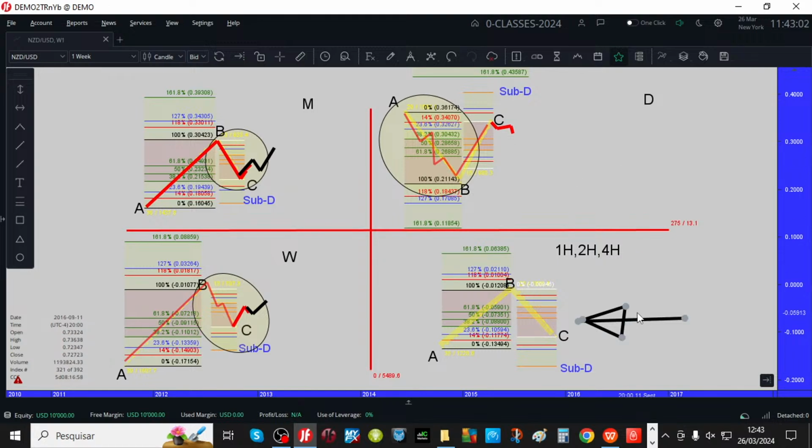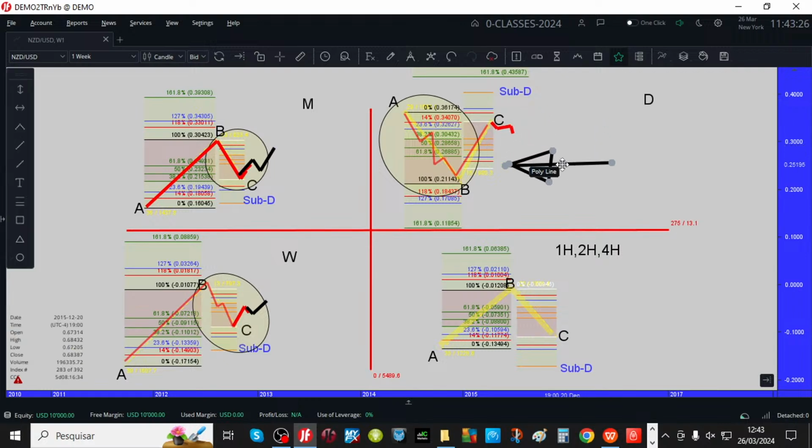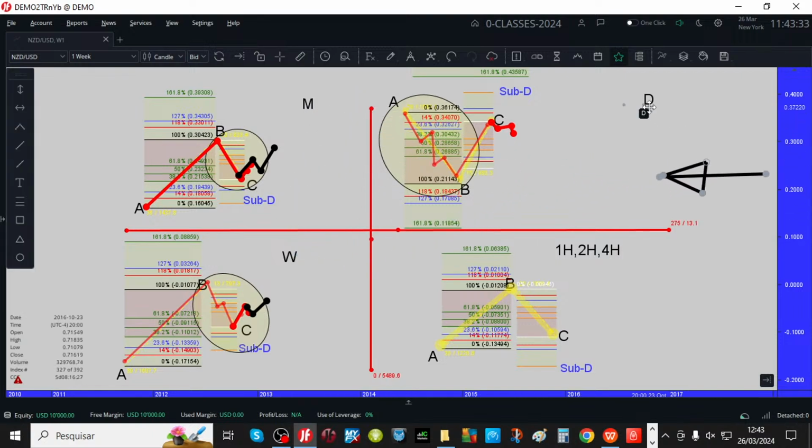Now, everybody, I need you to be coachable right now, okay? Because this is what you must learn. Even though the daily is down, and even though it has a confirmed C, who is the grandfather between the monthly, weekly, and the daily?